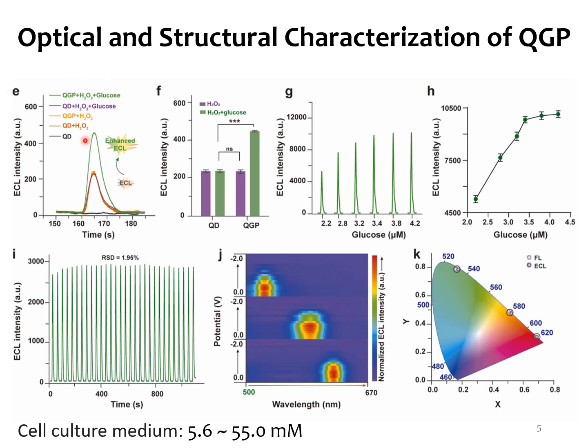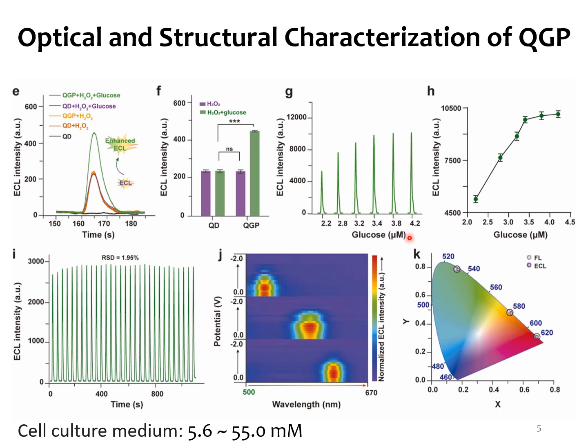Without GOX, hydrogen peroxide production is not stable, so the emission intensity does not significantly increase. Figures G and H show the emission intensity increased as glucose concentration rose up to 4.2 micromolar. Below this concentration, higher glucose results in stronger light emission.